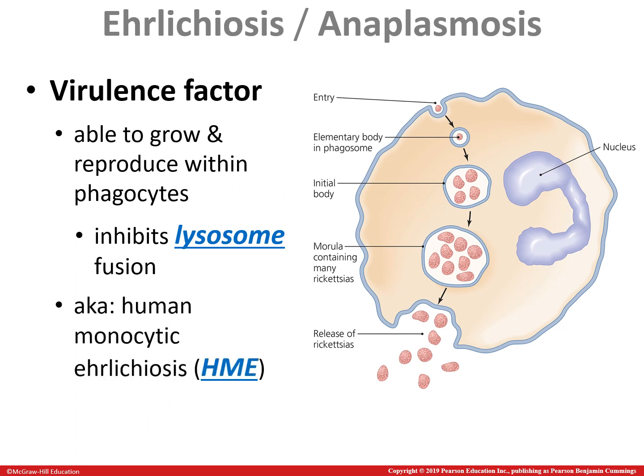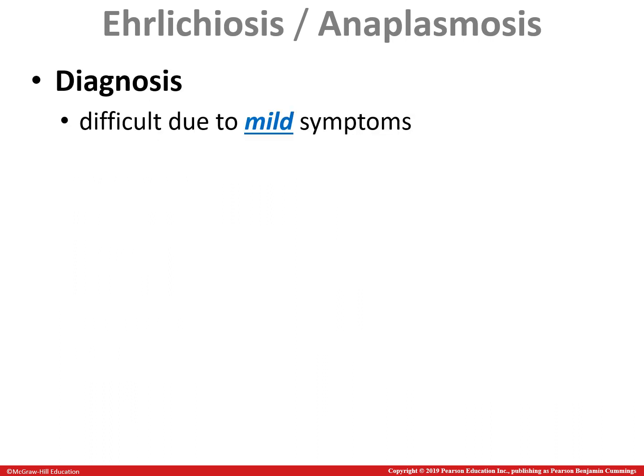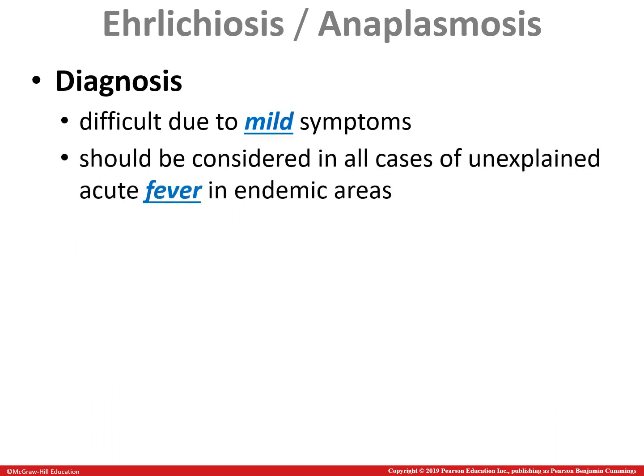Historically, when they first described this, they called it human monocytic ehrlichiosis. But typically, we just call it either ehrlichiosis or anaplasmosis if it's the other bacteria. So again, diagnosis can sometimes be difficult because they start out with mild flu-like symptoms.